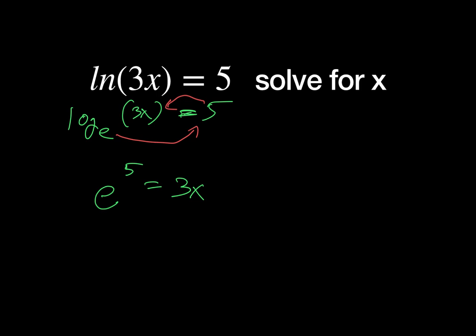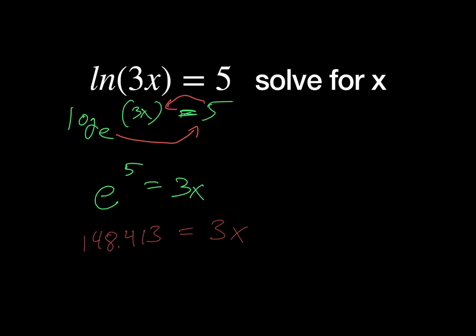Now I've got e to the 5. e to the 5 is just a number. What is that number? It's 148.413 and a whole bunch more decimals, equals 3x. So then what do you do? You've got to find x.